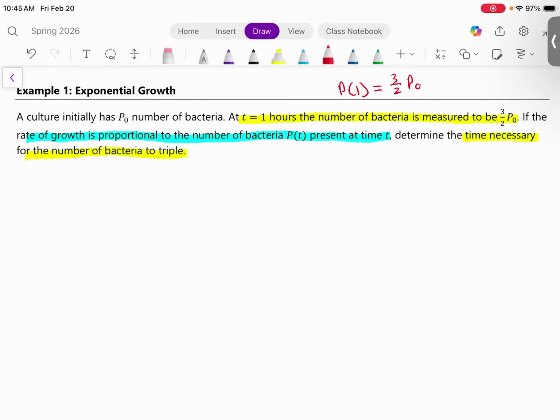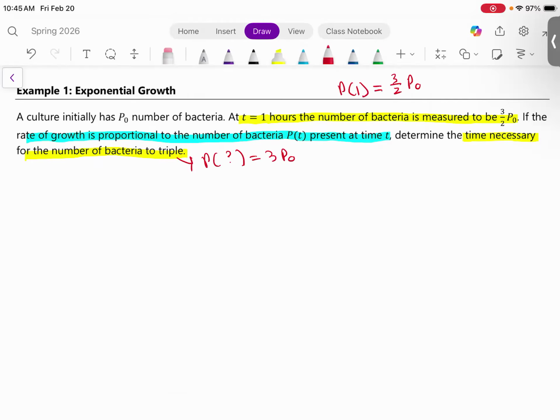We also have to find the time necessary for the number of bacteria to triple. So what we're being asked is what time, question mark, is going to give us the tripled initial population.